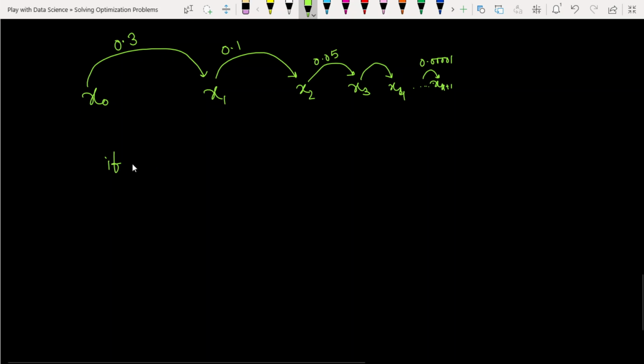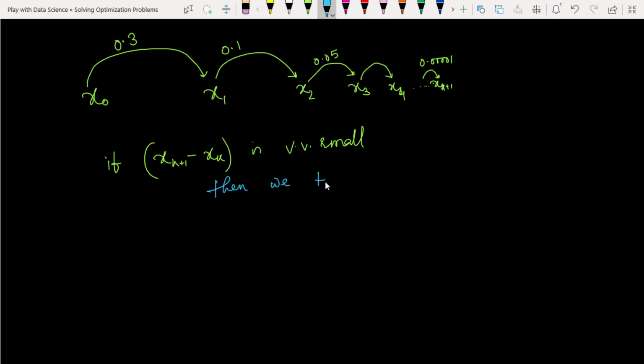If our difference, that is from xk plus 1 to xk, is very small, depending on our requirement, then we terminate our iterations and declare that our optimal value is xk. That depends on our situation, how accurate a value we need.